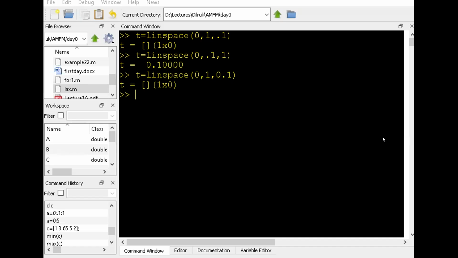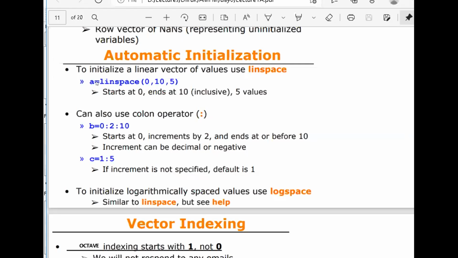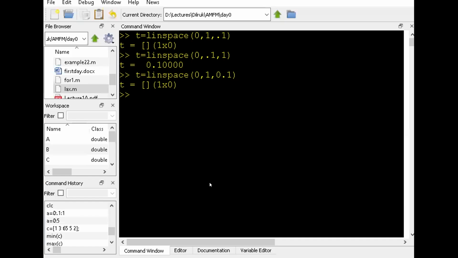No, it should be the number of values. Thank you. Let me try again. How do you do this? Linspace, I think I did it correctly, but it's not working yet.